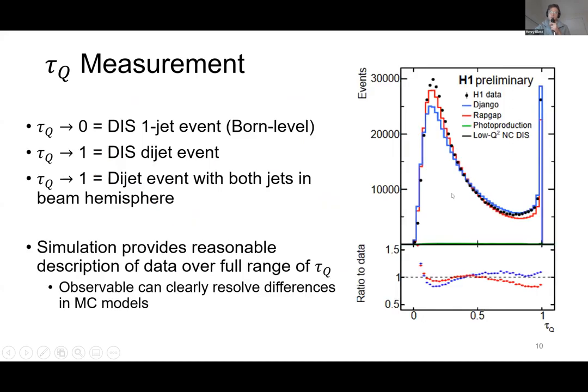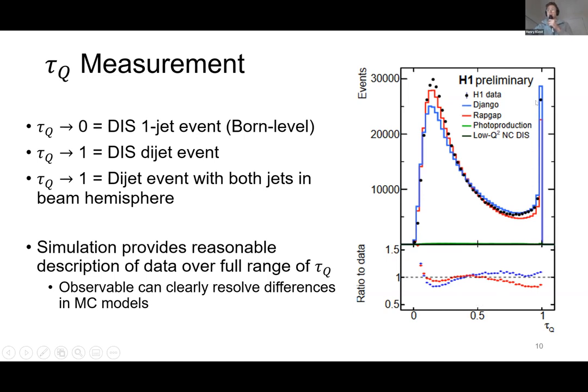So that's great. Here's the first time I'm showing you the actual tau Q spectrum. This peak on the left here is more or less Born level like DIS one-jet events. As you go to larger tau Q, these events are dijet events, greater than 0.5.